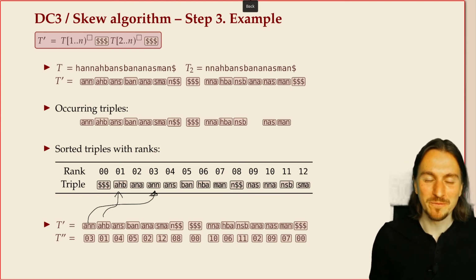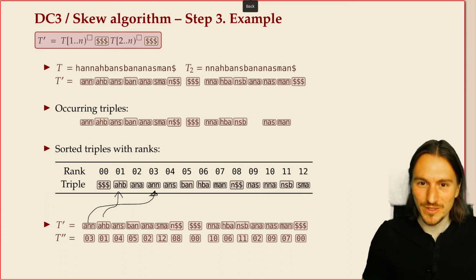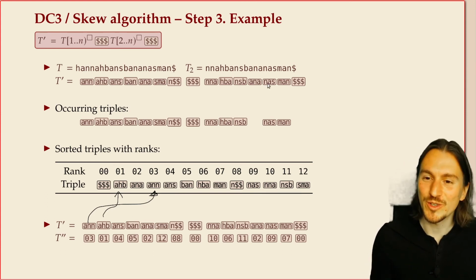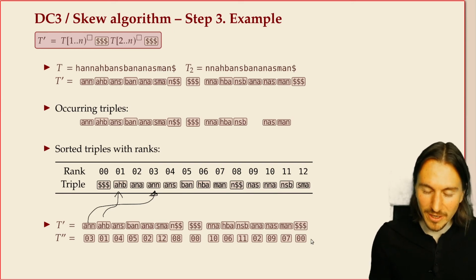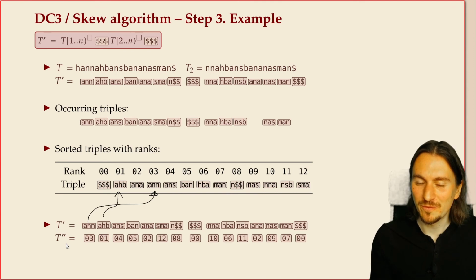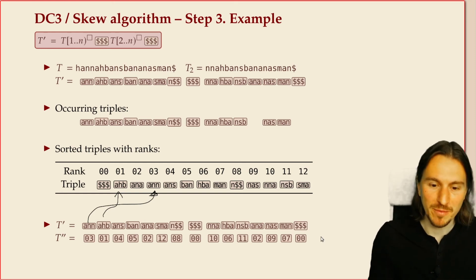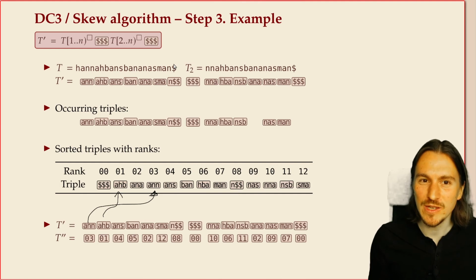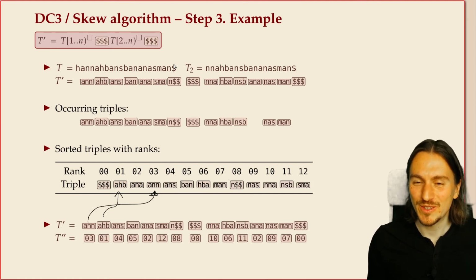That's all there is to the DC3 algorithm. So the steps are, first, you do the recursive call. For this, you construct T prime as shown here. Then you sort the triples and reduce them to the rank. That gives you T double prime. On that, you really recurse. When you come back, you have computed the R12, the ranks of all the suffixes of this string, which can be mapped back to the suffixes of T that start at not the multiples of 3 positions.